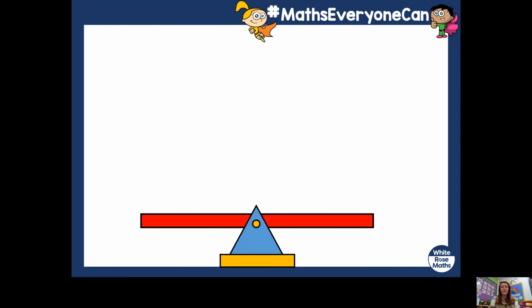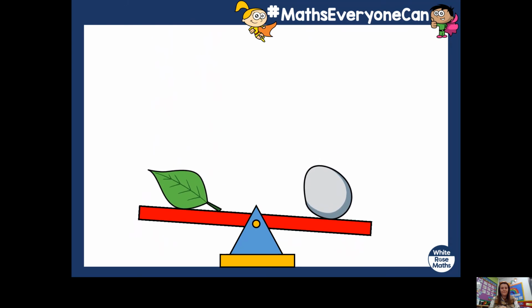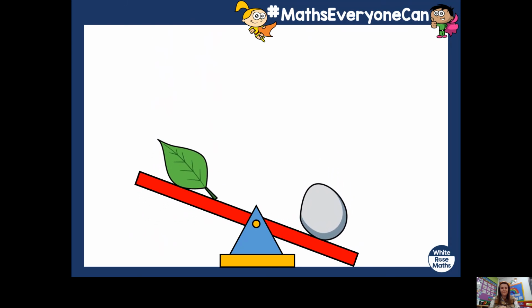This time I have got a leaf and a pebble. Here they come. What has happened to the balance scale? What's happened to the leaf and what's happened to the pebble? That's right.